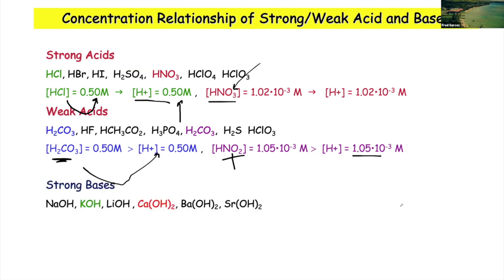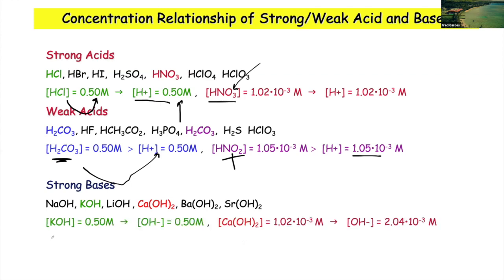Strong bases, remember that potassium hydroxide, if you put that in water, you're going to get 0.5 molar hydroxide. Calcium hydroxide, if you put that in water, you're going to get twice that concentration because of the fact that you have 2 hydroxides to deliver.